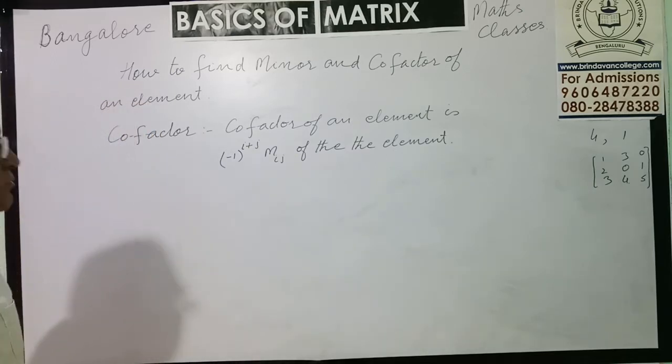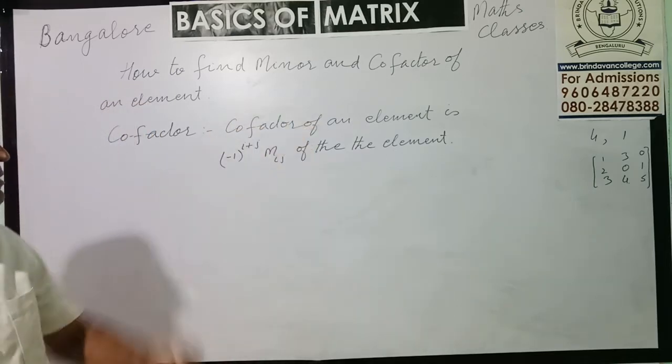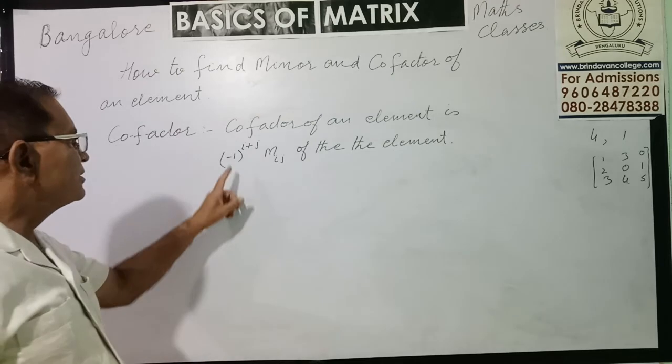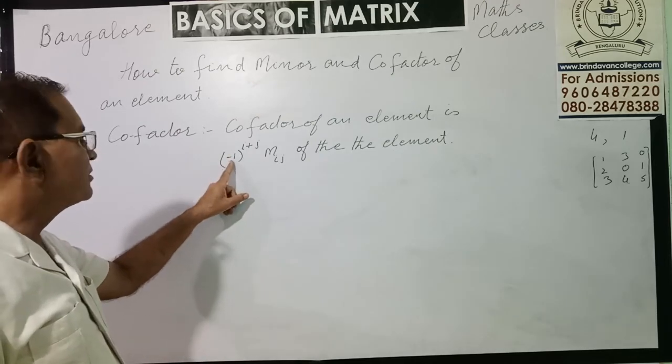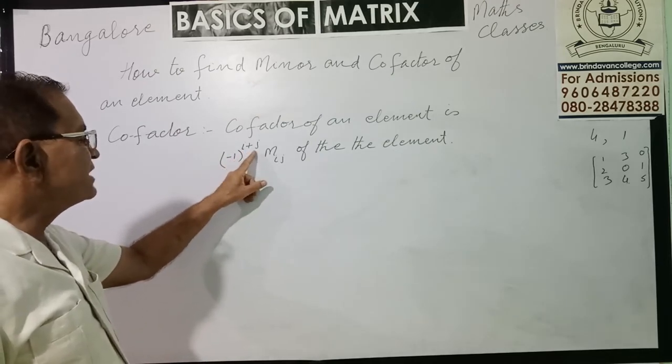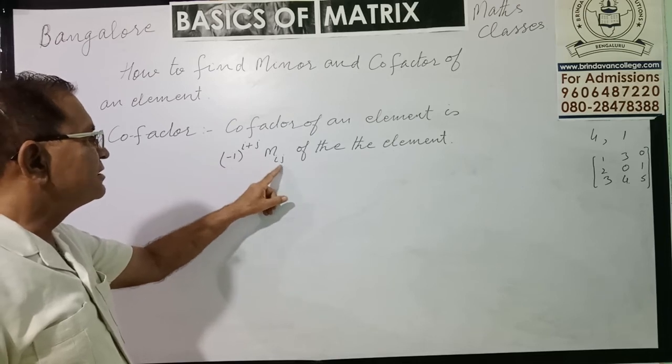See this carefully. Cofactor of an element is -1 power i plus j Mij.